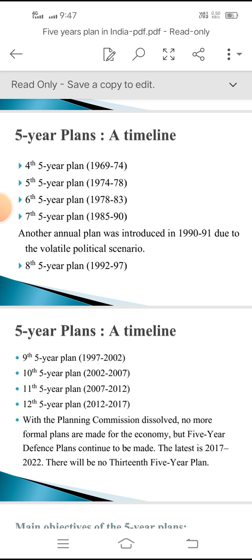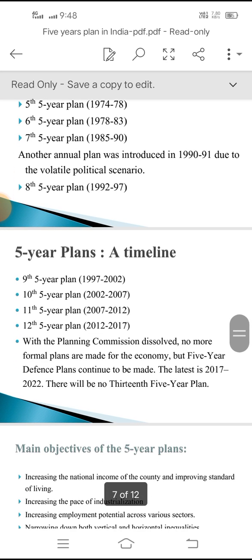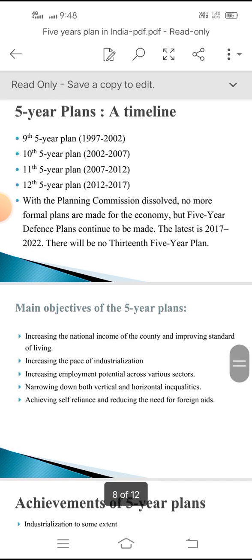Similarly, each 5 year plan was constituted to promote the welfare of the nation. And in 2022 there will be a 13th 5 year plan to launch.